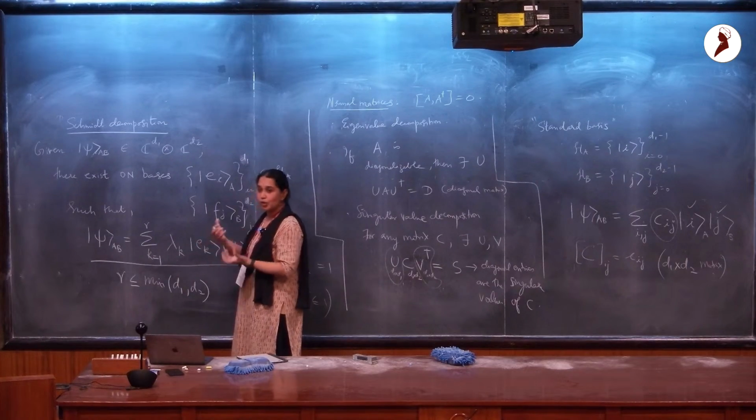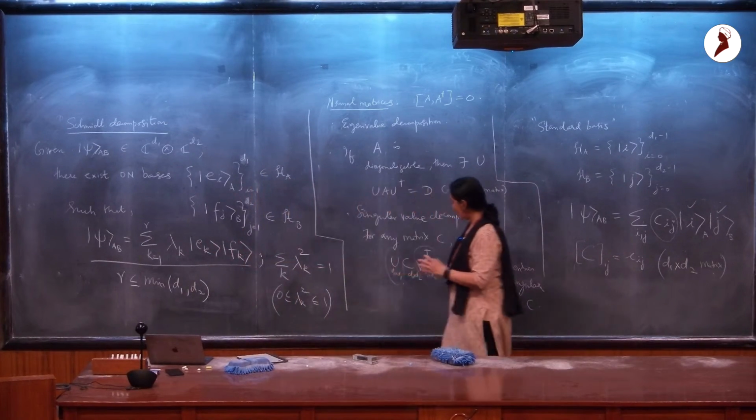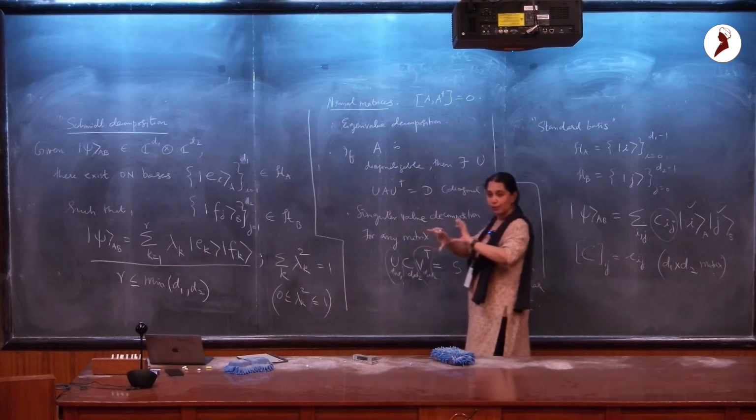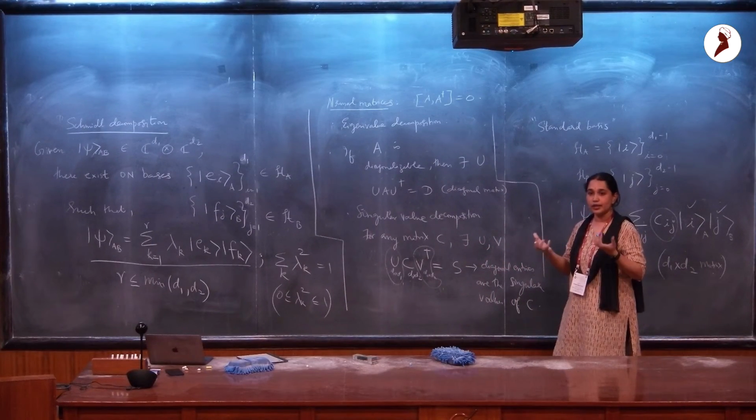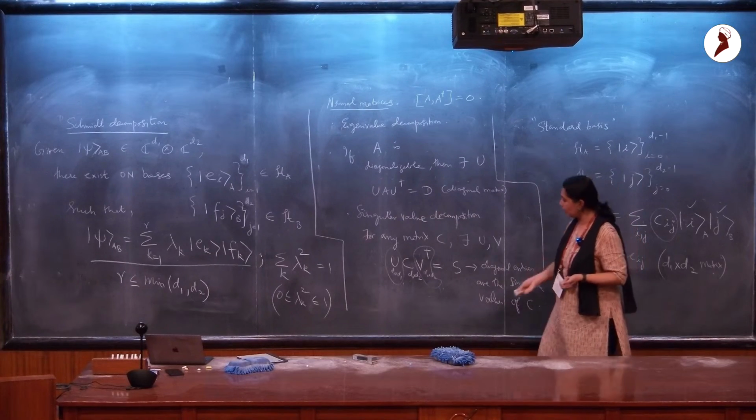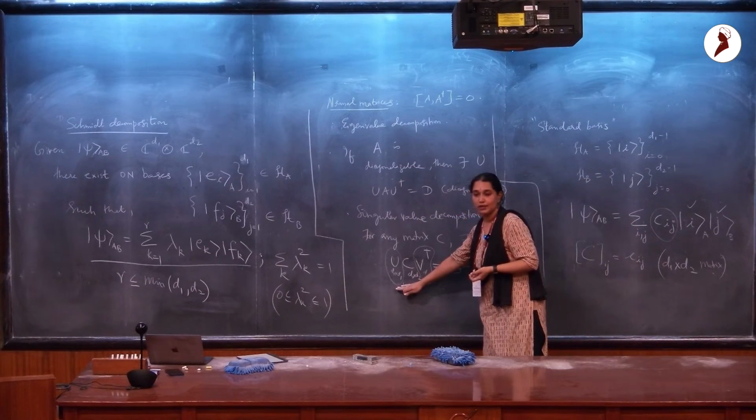And these two local bases that you get, you are essentially performing local rotations on each subsystem, and what unitaries you need to use to perform those local rotations you get by doing this singular value decomposition.